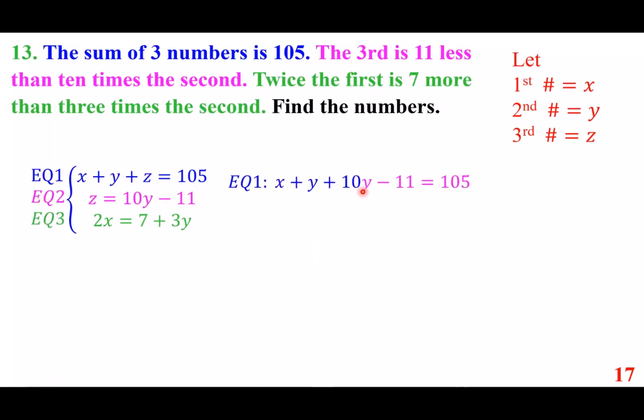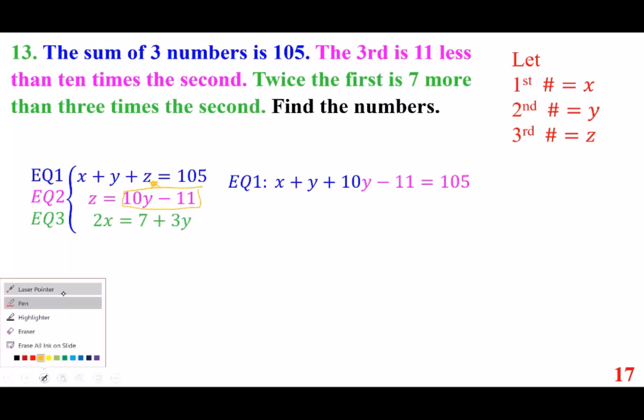In equation 1, I am putting this instead of that. I get x plus 11y, and minus 11, I'm going to move it, make it positive 11, equals 105.